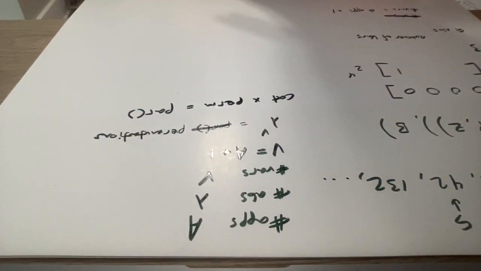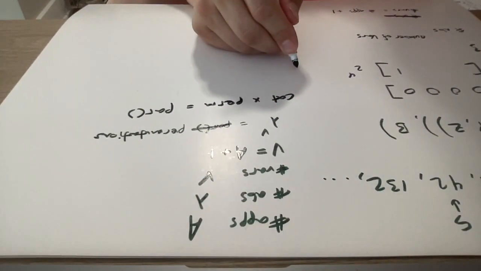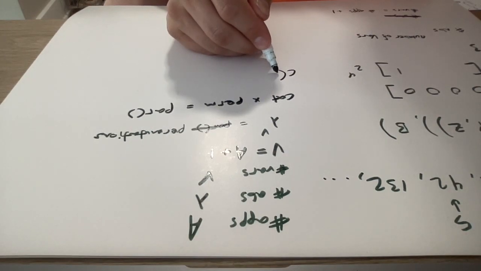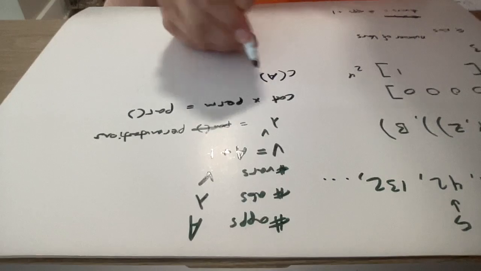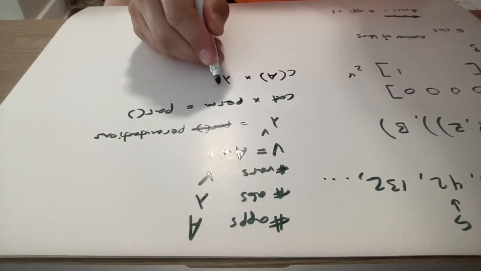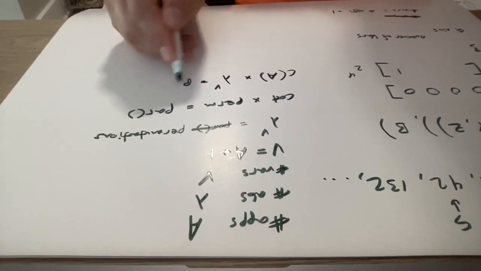Right? So then we need the Catalan number, so C is the Catalan function. So Catalan of A times the permutations, which is lambda to the V, equals par, I think.